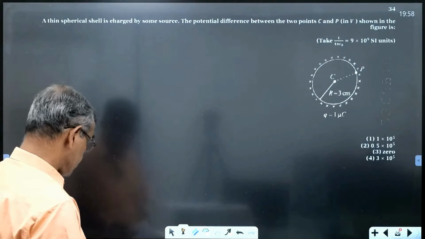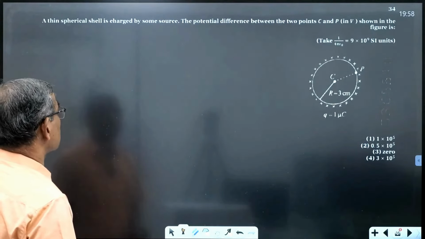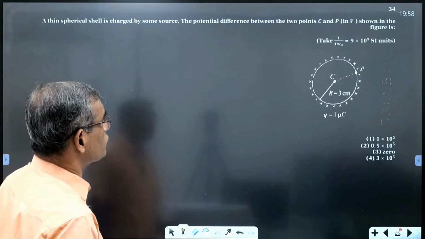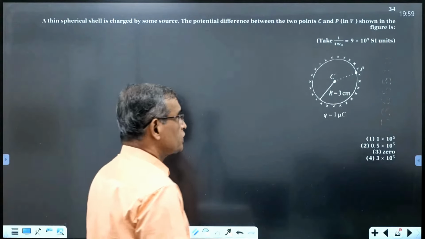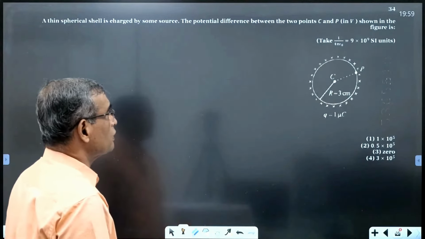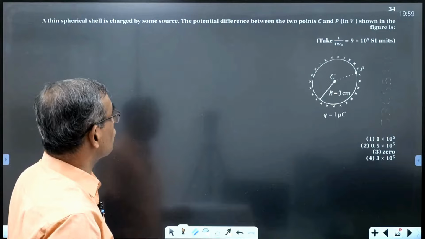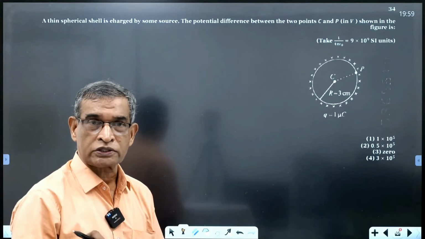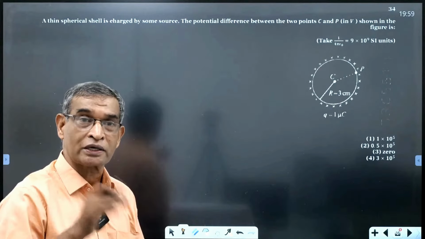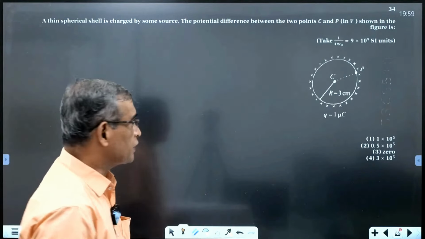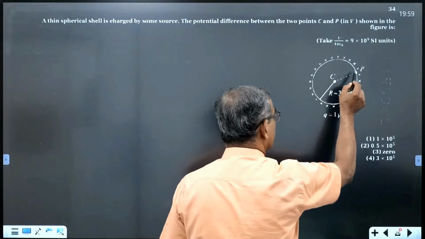Next question. A thin spherical shell is charged by some source. The potential difference between the 2 points C and P. C is the midpoint and P is the point on the surface shown in figure. Then we have to find the potential difference. For a charged shell, potential on the surface and at any point inside are equipotential points, and therefore potential at C and potential at P are the same.